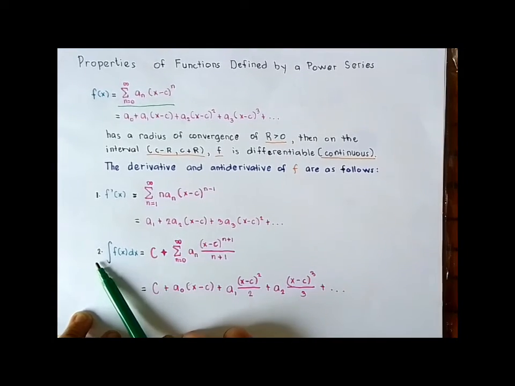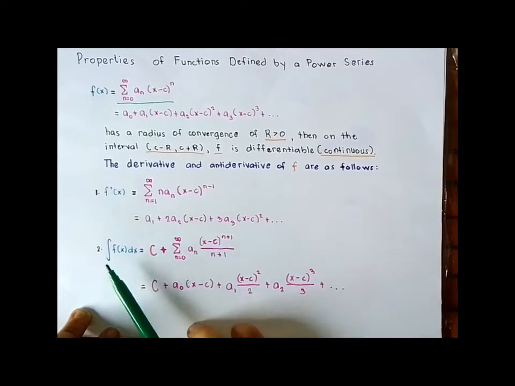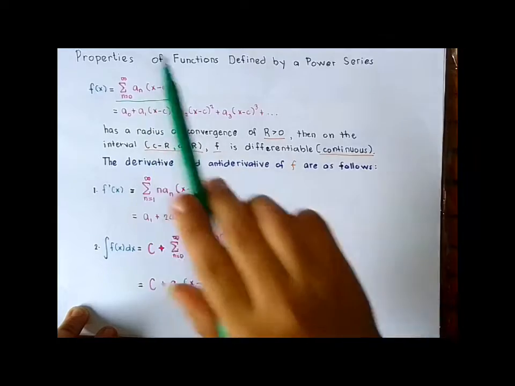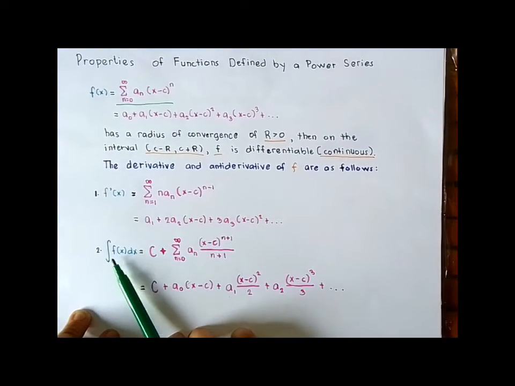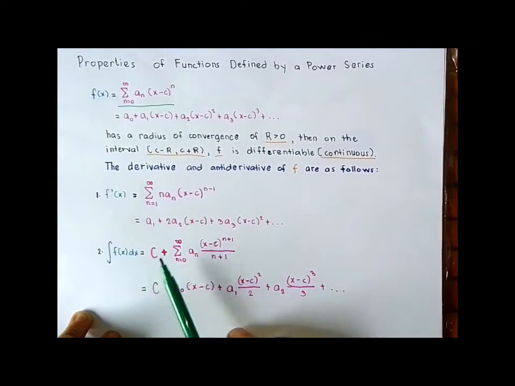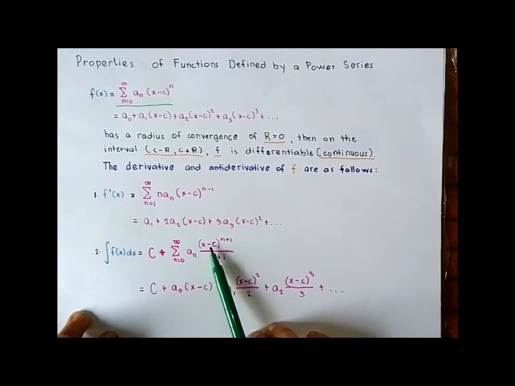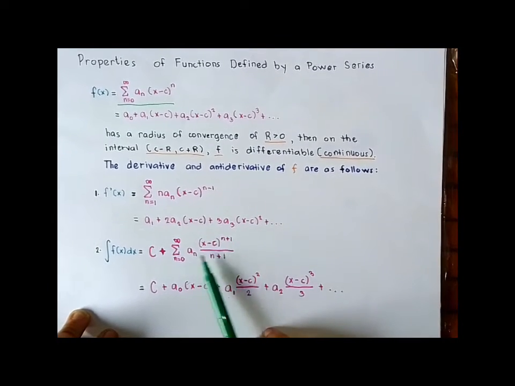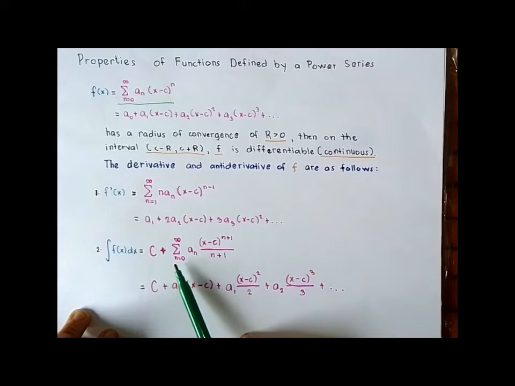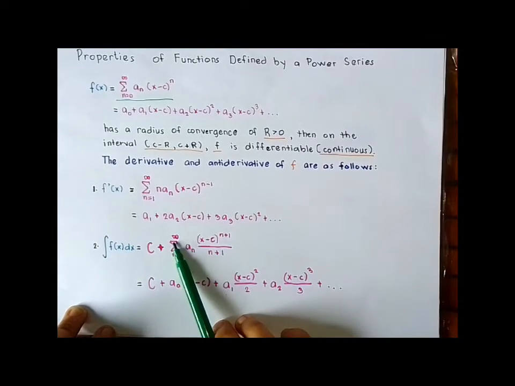For number 2, we have the antiderivative or the integral of our power series given here. So we have the integral of f(x) dx equals c plus the sum of a_n x minus c to the power of n plus 1 all over n plus 1 as n equals 0 to infinity.